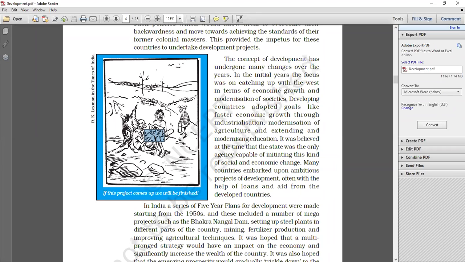So that's why this is the cartoon which is showing that not every person is happy with the developmental project which is given by government, and which government come up by. Okay, so this is all about this cartoon.